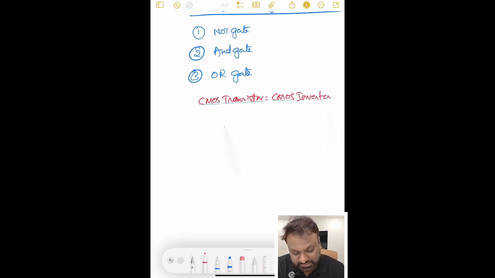So what is a CMOS transistor? A CMOS transistor is a combination of one PMOS transistor and one NMOS transistor, right? We know this as the connection. In the last lecture also we have seen this, right? So this is a CMOS transistor and we have proved this as an inverter operation also.